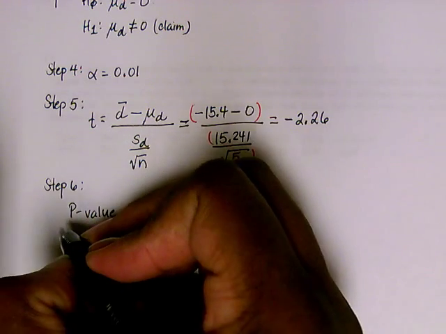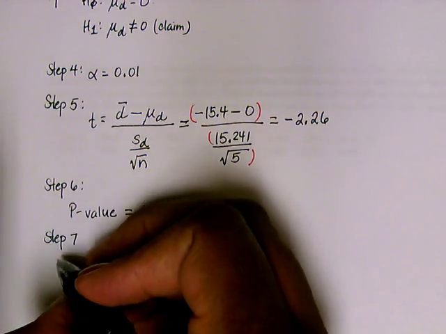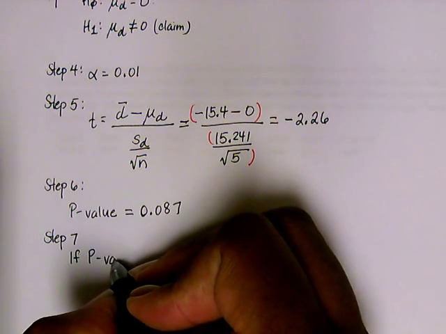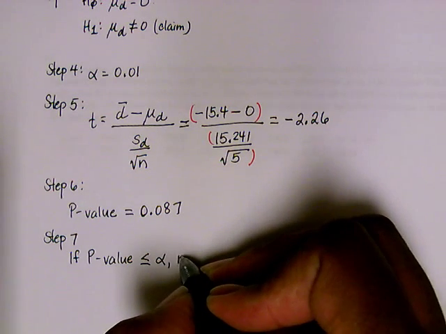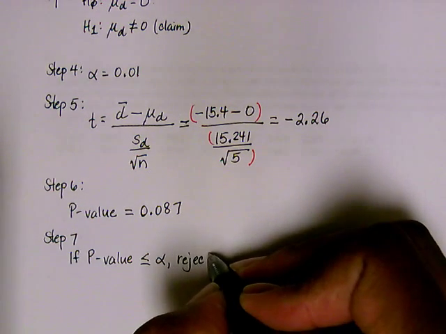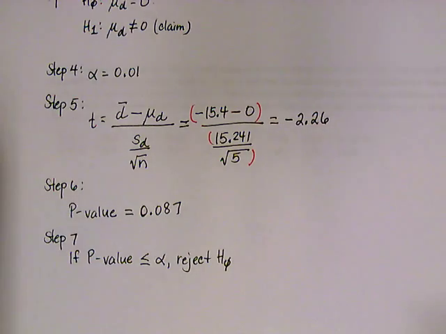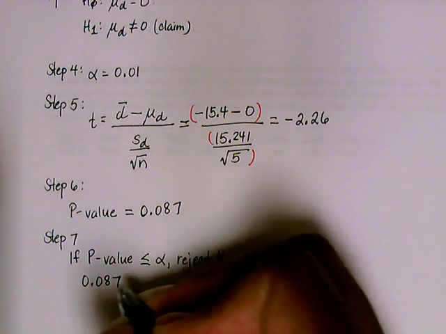Now, step number 7 is a decision rule. And that's this. If your p-value is less than or equal to alpha, you want to reject the null hypothesis. Otherwise, we fail to reject the null hypothesis. And then we're going to look at 0.087, that's my p-value.